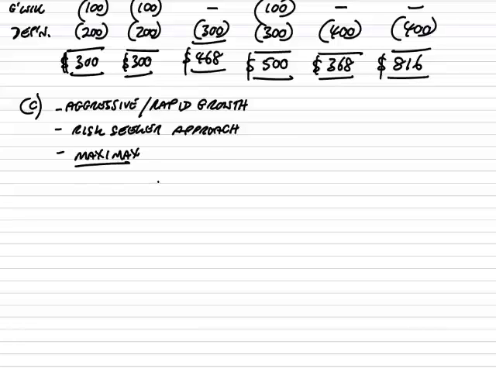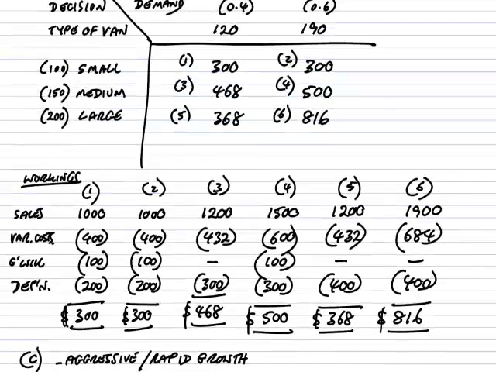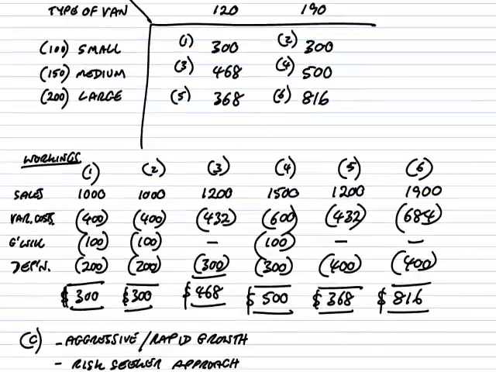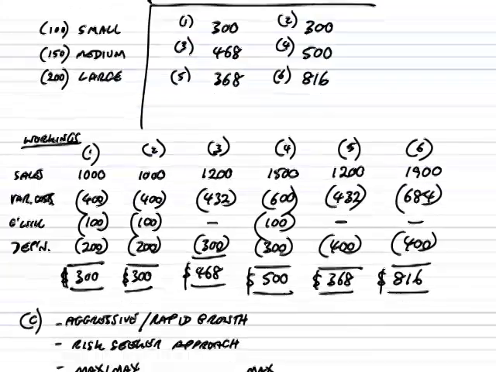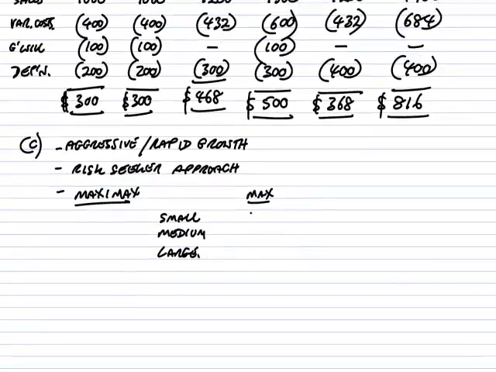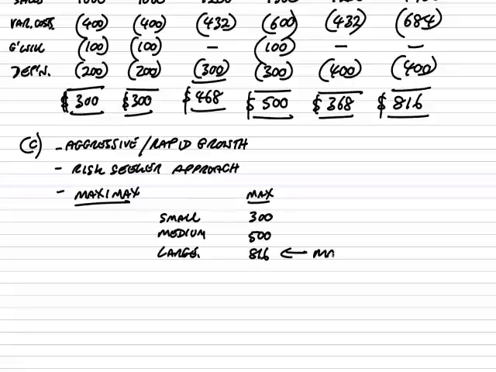Well, remember, with three choices, small, medium or large, the best or the maximum profit in each case. The best from small 300, from medium 500, large 816. Maximax, you choose the best, the maximum, and therefore you would choose large vans.